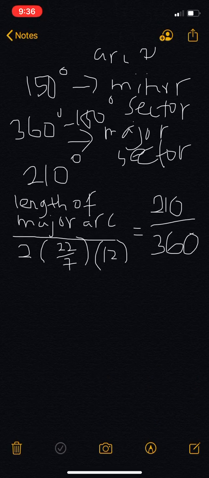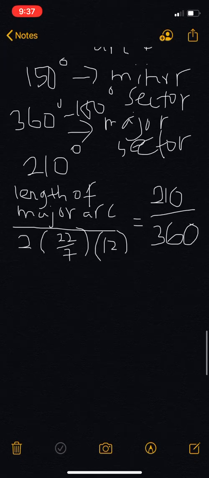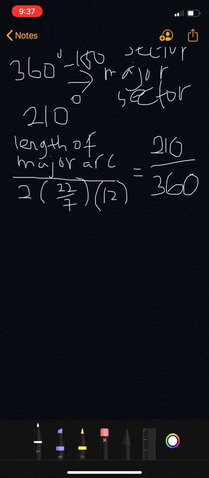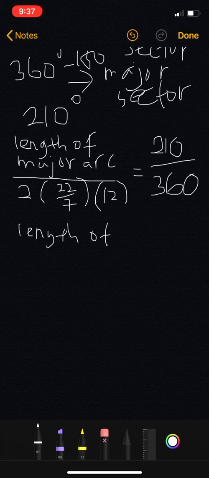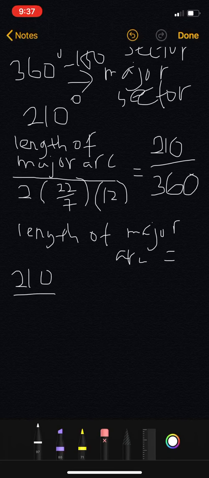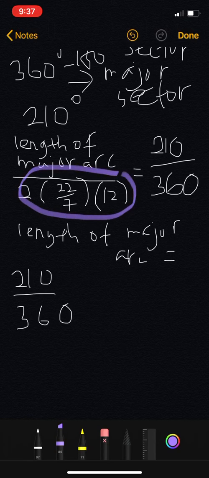So this one will become length of major arc equals to 210. I will write everything again. What happened to this one?